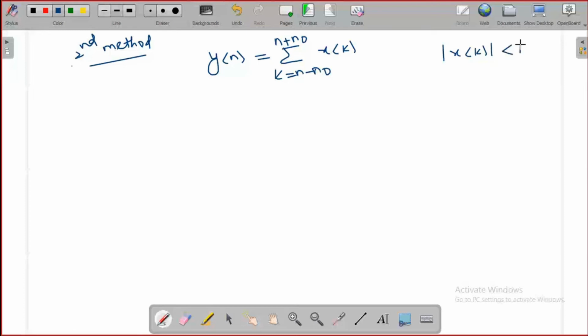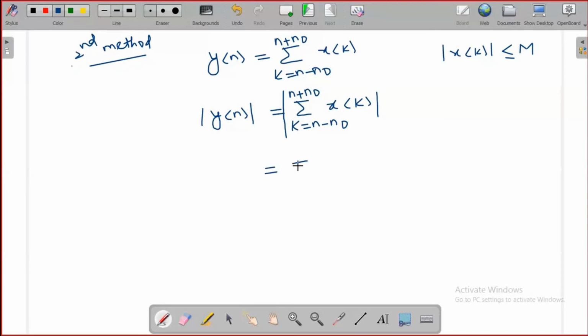Let us say it has the maximum amplitude capital M. Find the response: mod y of n is equal to mod of summation k from n minus n naught to n plus n naught x of k, which is less than or equal to summation k from n minus n naught to n plus n naught mod x of k.